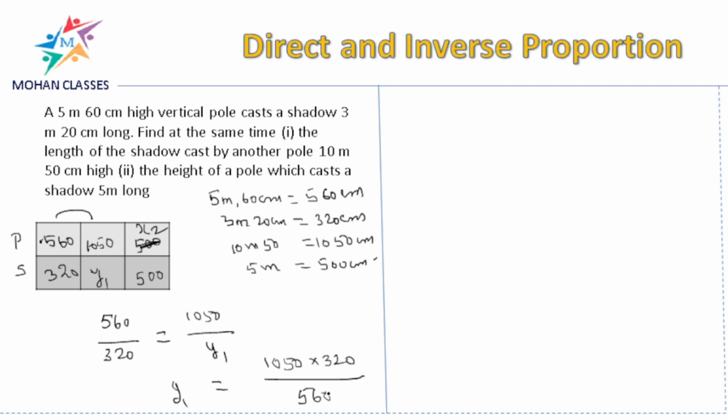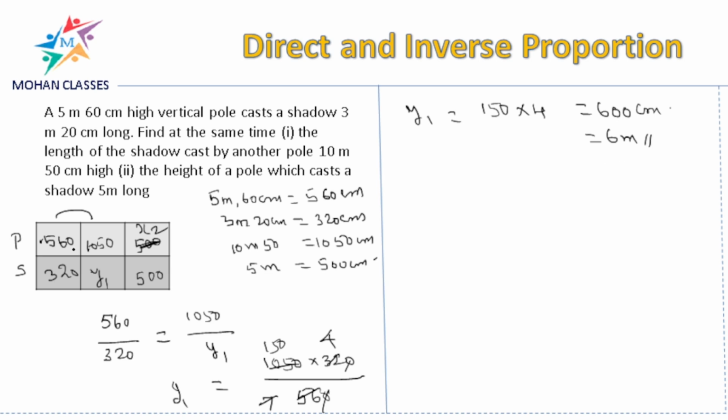Now you simplify, 0, 0 will cancel, 4 8s are 32, 7 8s are 56, here you will get 150. So y1 is equal to 150 into 4, so that is equal to 600 centimeter. So that is equal to 6 meter. So for this first question, the shadow will be 6 meter.